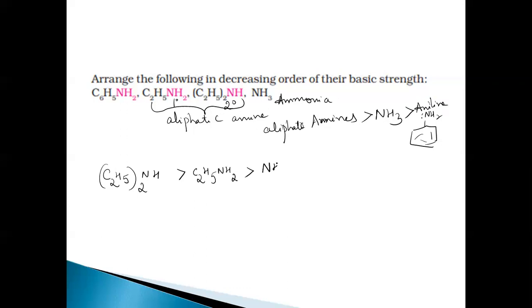Then comes ammonia. Then comes finally aniline. What is aniline here? C6H5NH2. This is how the basicity of the amines can be explained, or this is the decreasing order of the basicity of different amines, aliphatic and aromatic amines.